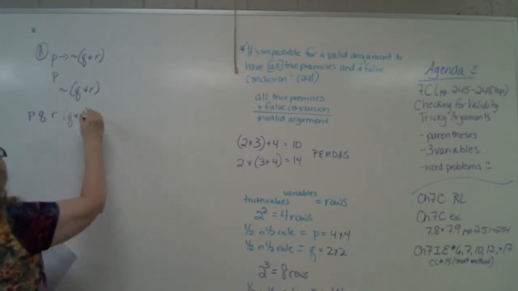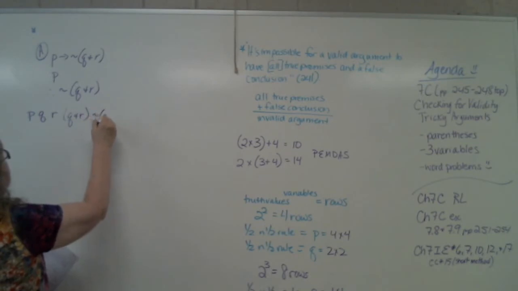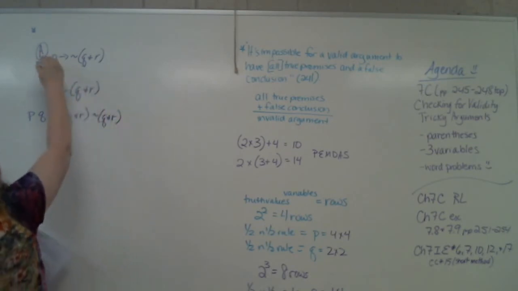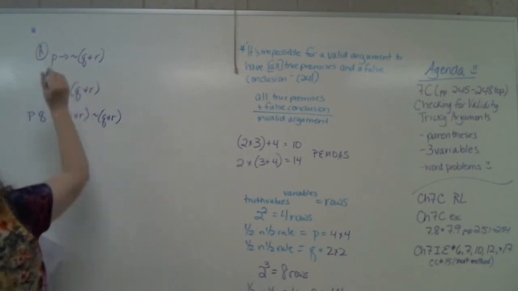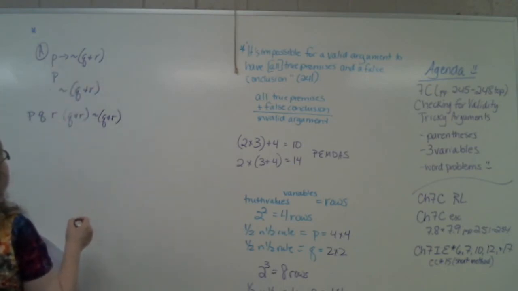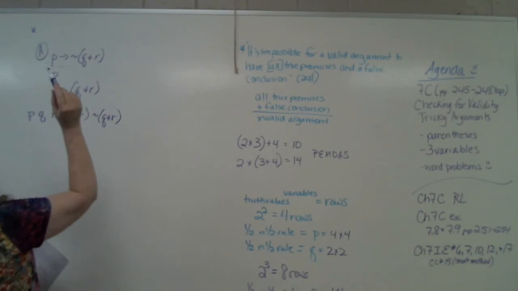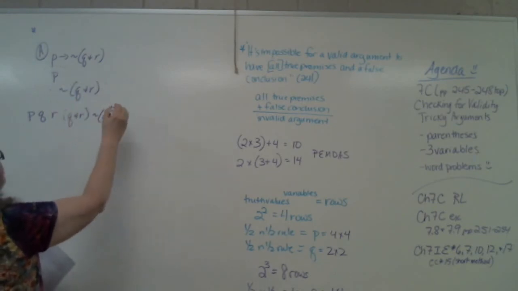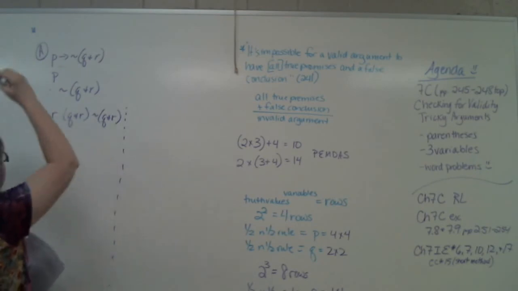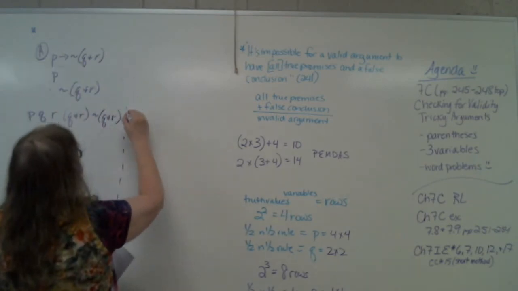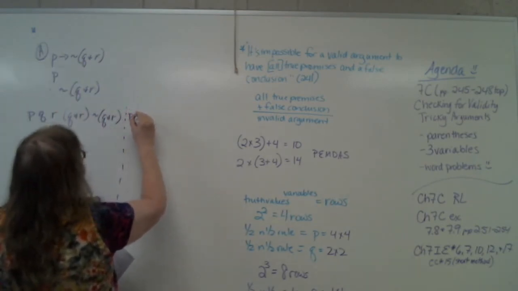Okay, and then you're going to also need the not Q and R, so that you get down to just that 1. This is my only piece I have to work with, okay? I have P already, I have a not Q and R already, so I'm good. That's my guide. My argument gets the same thing we've been doing.